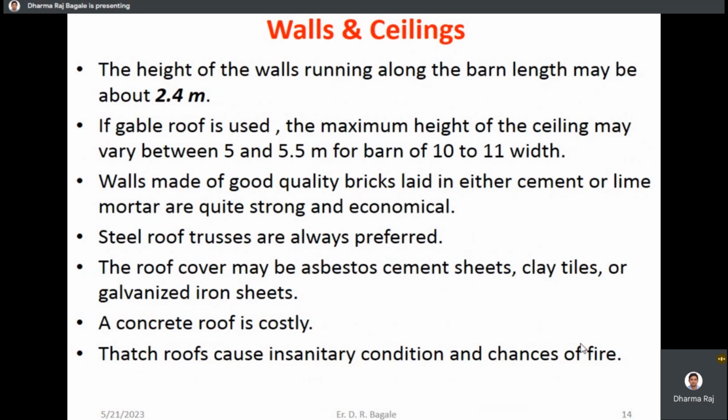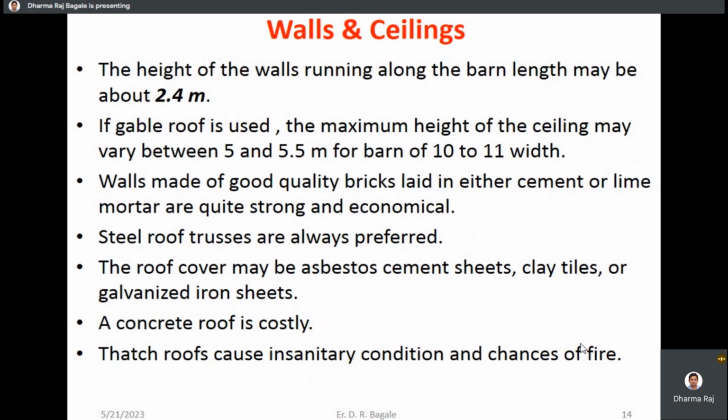And if we are using the gable roof, that is sloped on both sides, then the height will be maximum at the center, and for 10 to 11 meters wide, especially the tail-to-tail system housing, a 5 meter high ceiling at the center will be sufficient, and the walls should be made with good quality brick, either cement masonry or lime mortar masonry, which are strong and economical.